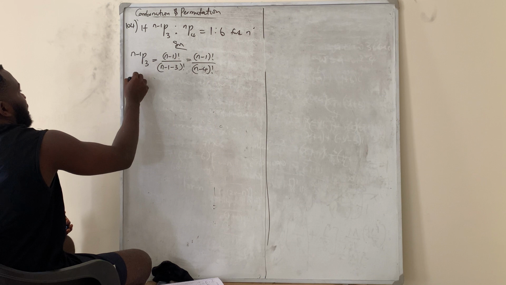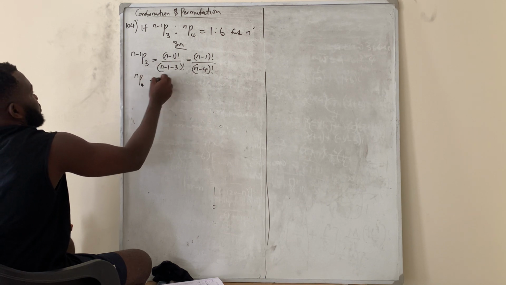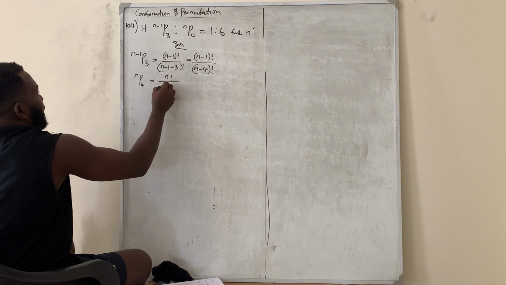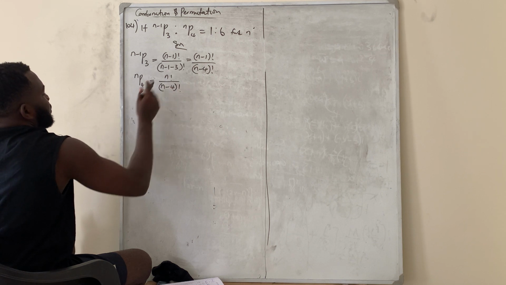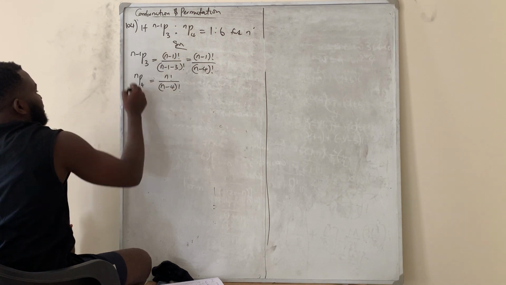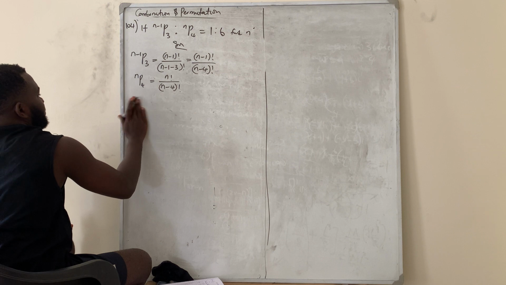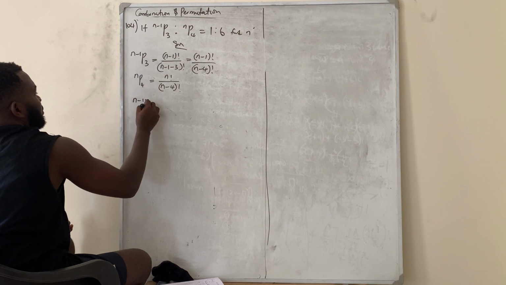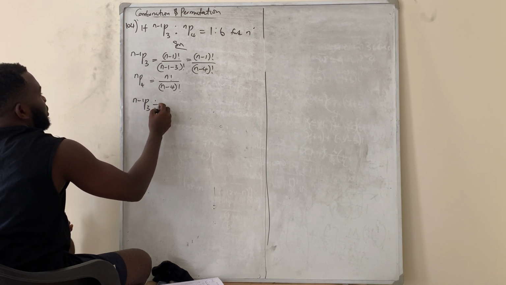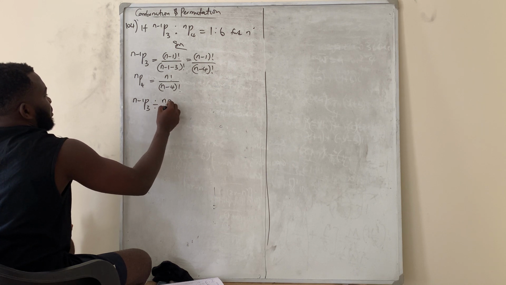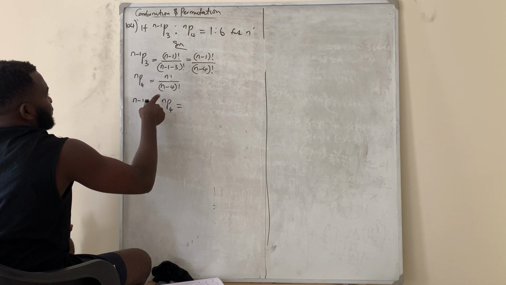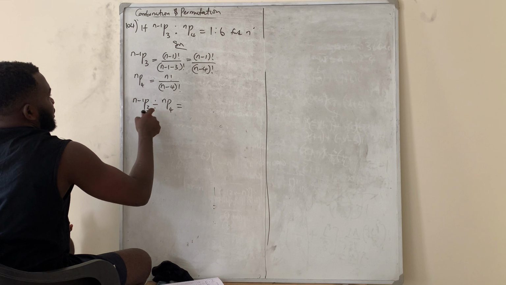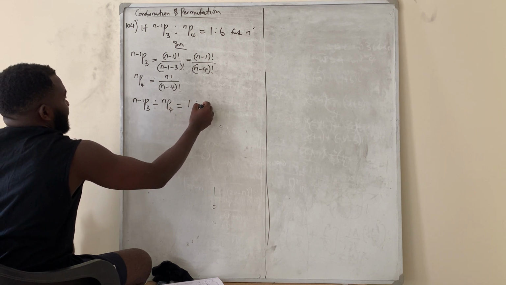The other one, n permutation 4, is n factorial all over n minus 4 factorial. Is to means divide. So n minus 1 permutation 3 divided by n permutation 4 is equal to 1 divided by 6.